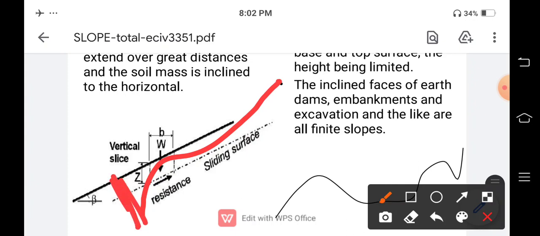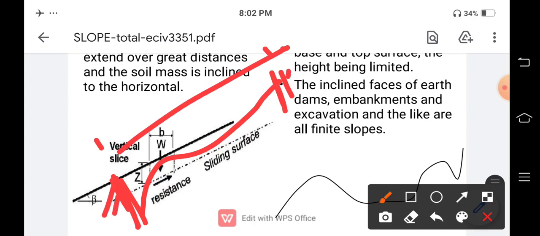They are unbounded, continuous, and extended over infinite length, so we cannot measure the length. Their length is not finite, and they are not bounded at top and bottom. This is the type called infinite slope.